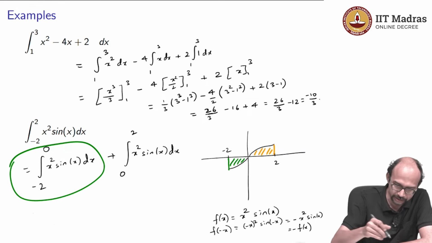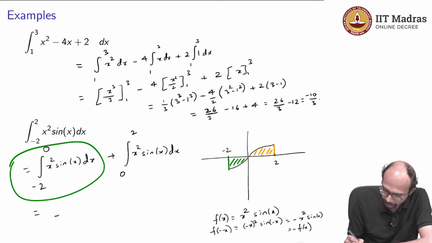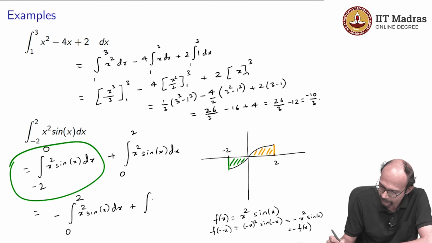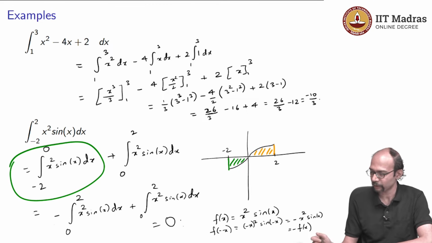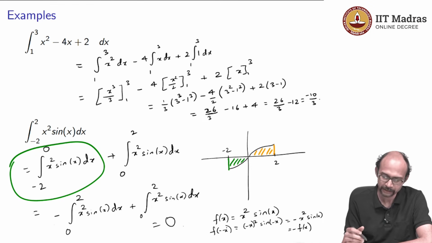So, in other words, we are saying that this term is equal to minus the integral from 0 to 2 of x squared sin of x dx, and then when you add it to the same thing, of course, you get 0. So, the answer to this integral is 0, and here the trick is to observe that your function has this form, f of minus x is minus f of x. So, this applies to all functions which satisfy f of minus x is minus f of x, and where your integral has limits which are symmetric about 0.